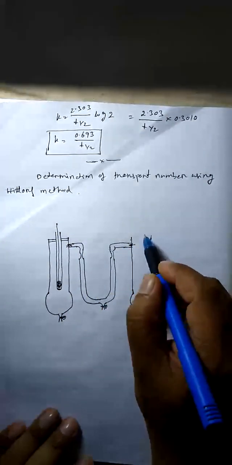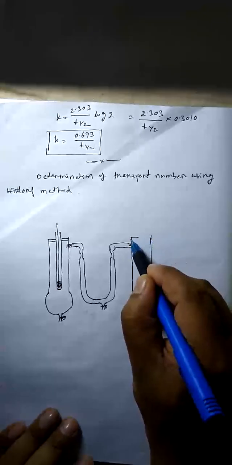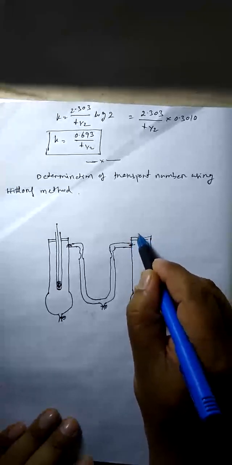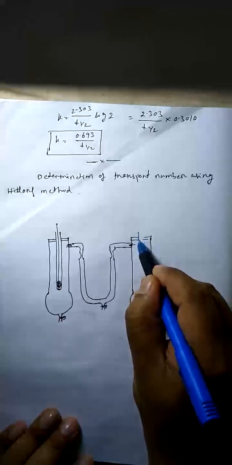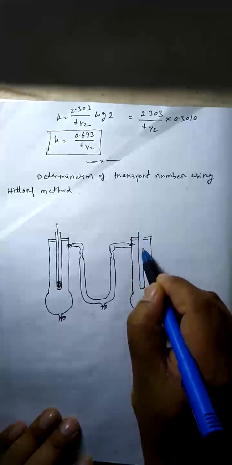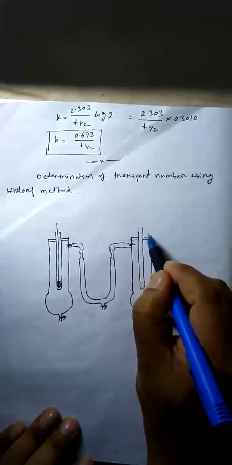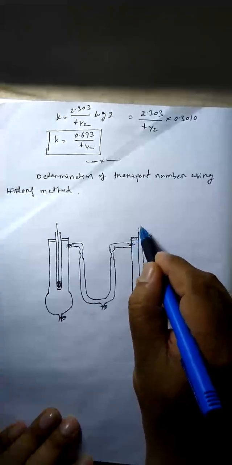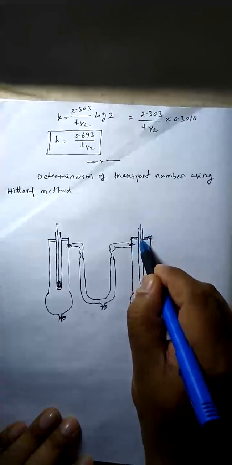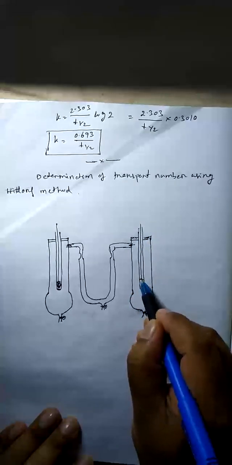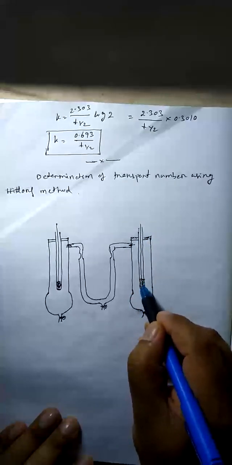This anode compartment is also closed, but leaving a small gap for a narrow glass tube. This narrow glass tube contains a silver or platinum wire, and at the bottom mercury is present.